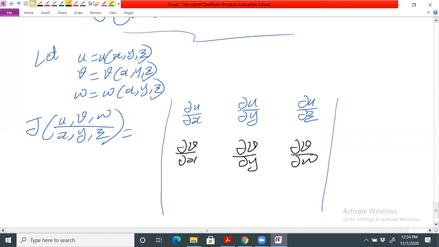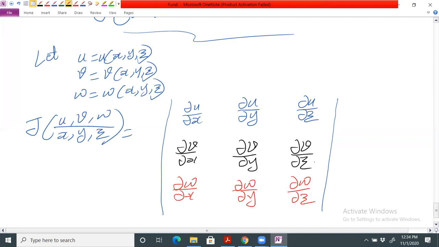Taking the next function w in combination with x, y, z, we write them as the third row elements: dou w by dou x, dou w by dou y, dou w by dou z.